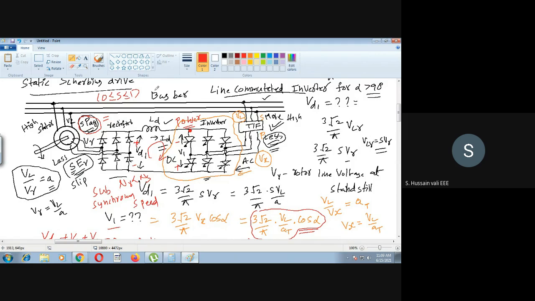So if the slip is between 0 and 1, it means you are operating your induction machine in motoring mode. So this circuit diagram you will use only for the motoring condition of your induction machine, that is, the slip is between 0 and 1, when you have the uncontrolled rectifier.